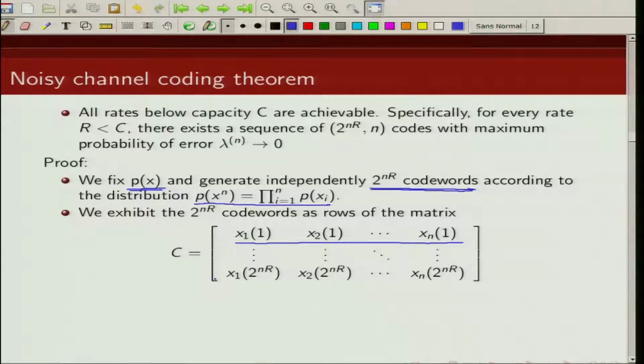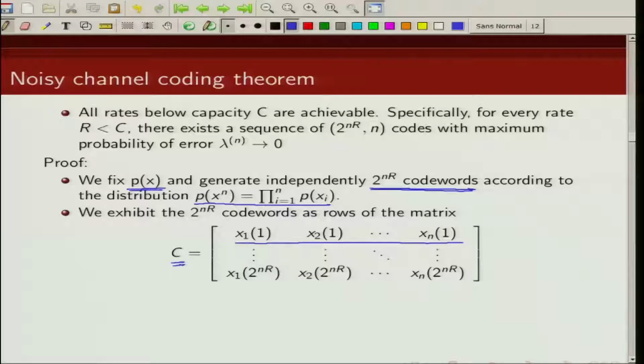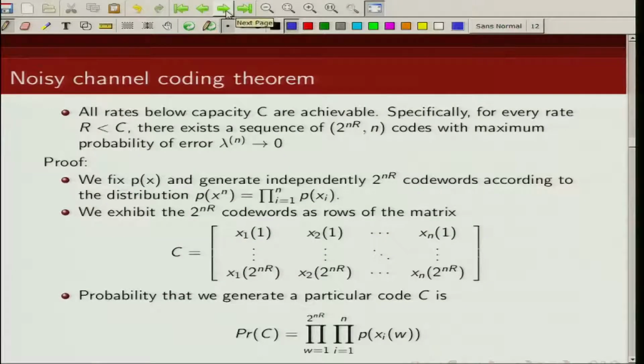Similarly, we generate 2^{nR} code words and they are stacked up in a matrix like this. This is randomly generated. So the probability that we generate a particular code C is given by this probability, the product of p(x_i(w)), where w goes from 1 to 2^{nR} and i goes from 1 to n.